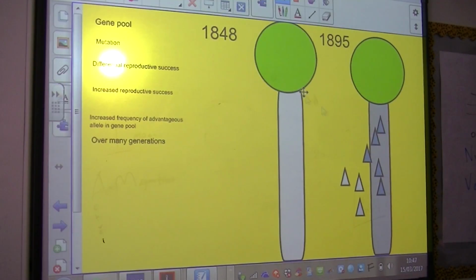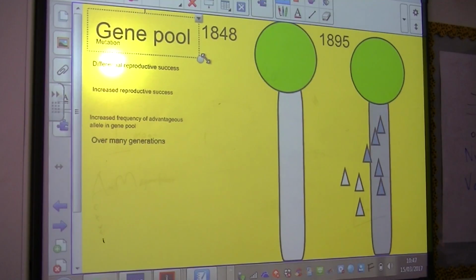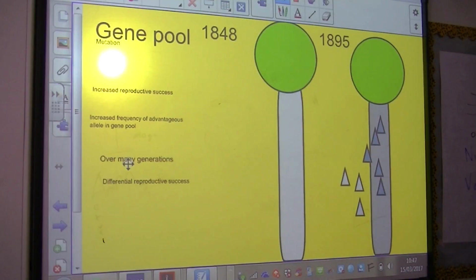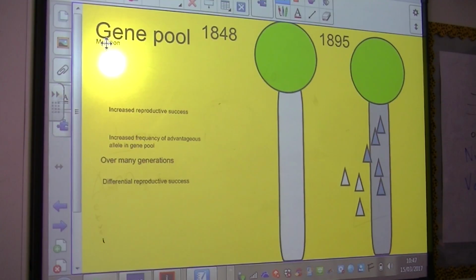So the key words and the key concepts are that there is a gene pool, and that in the gene pool there is variation. There are many different alleles for a given characteristic, in this case, colour.